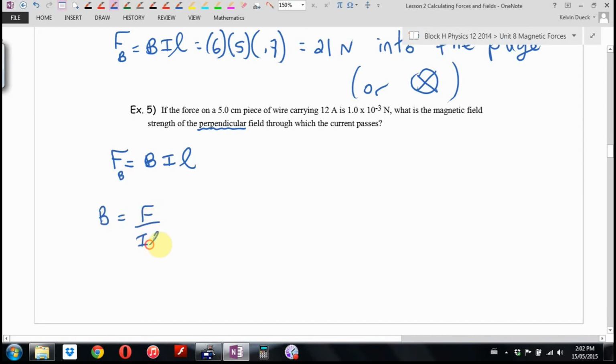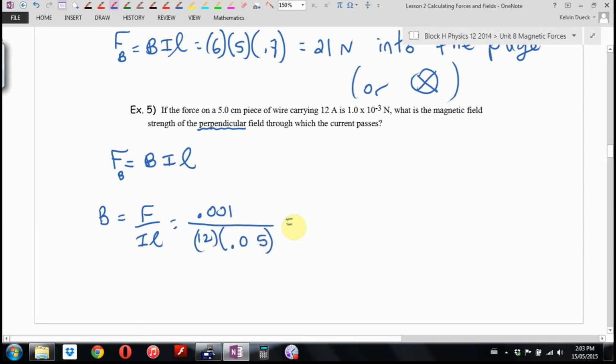Yep. So it's going to be the force. I'm going to write it as 0.001 because that's what 1 times 10 to the negative 3 newtons is. And it's going to be divided by 12 and 5 centimeters. Ben, how many meters? Yep.